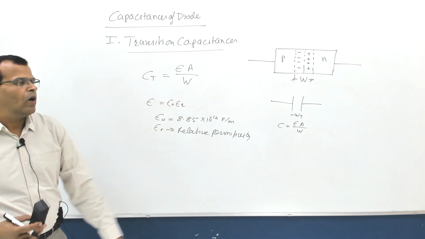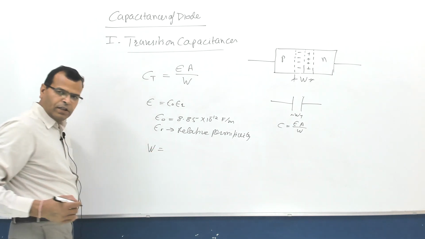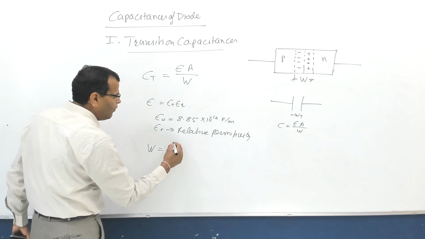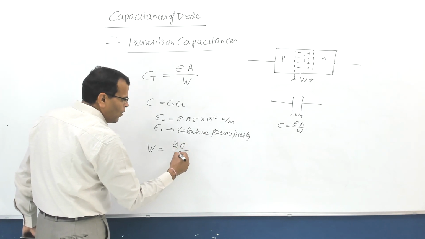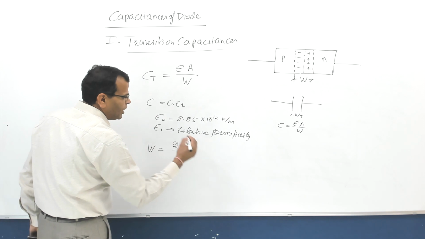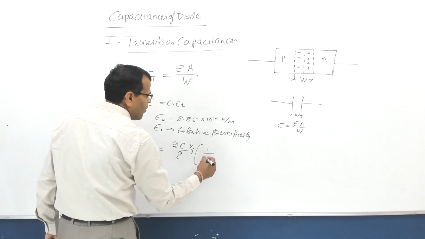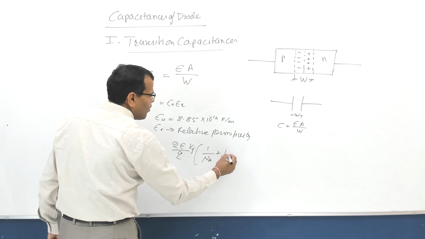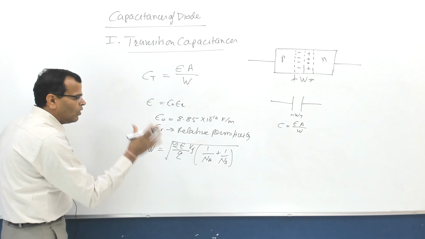Please try to recall, we have studied the depletion layer width. The depletion layer width is square root of 2 epsilon upon Q multiplied by 1 upon NA plus 1 upon ND. This is very important expression. I repeat, you have a lot of questions.